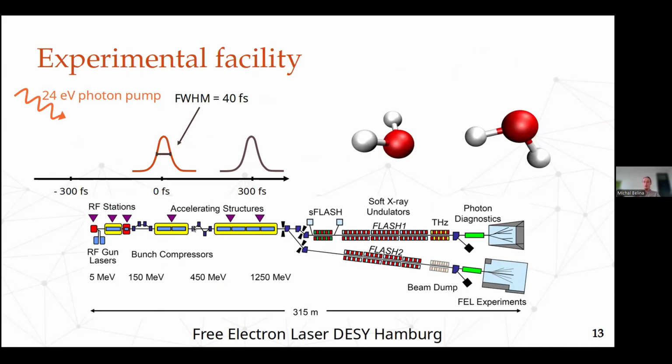And this is the experimental device. As we are dealing with UV photons, the length of the device can be much shorter than at free electron lasers for X-ray photons.